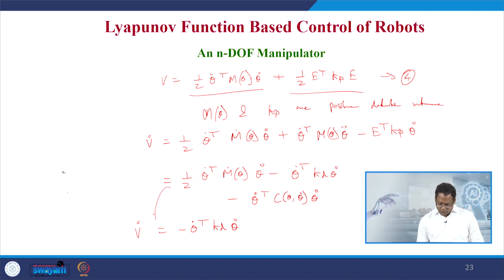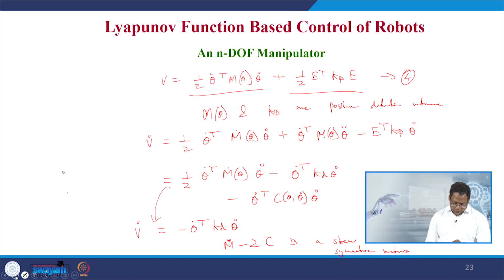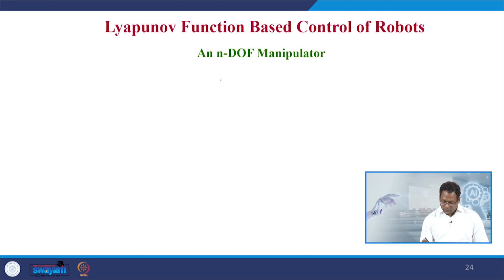From the previous equation we are coming to this, because there is a property that M dot minus 2 times C is a skew symmetric matrix. So, as per the properties of a skew symmetric matrix, x dot transpose, say, skew symmetric matrix S into x dot gives you 0.